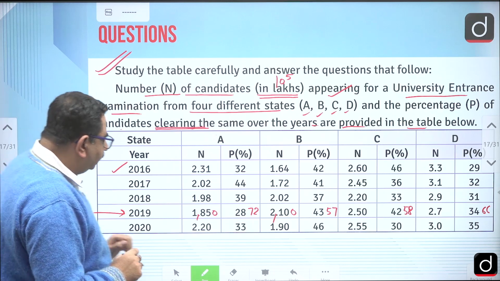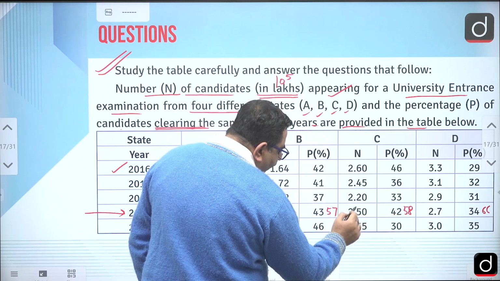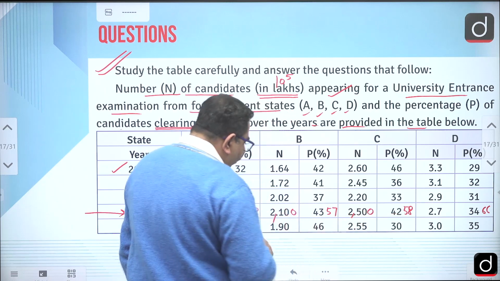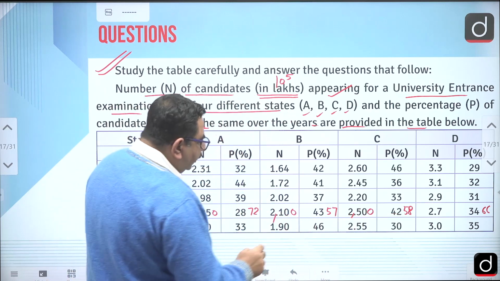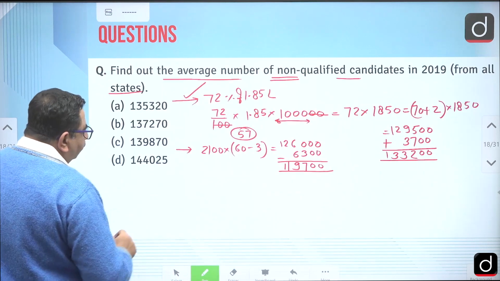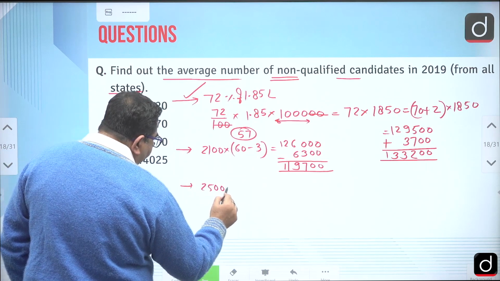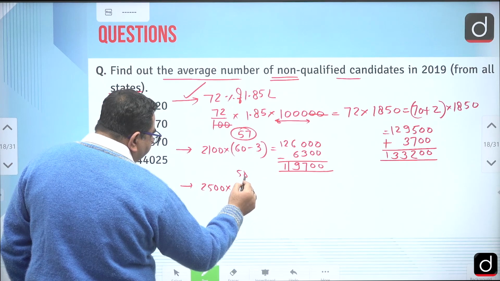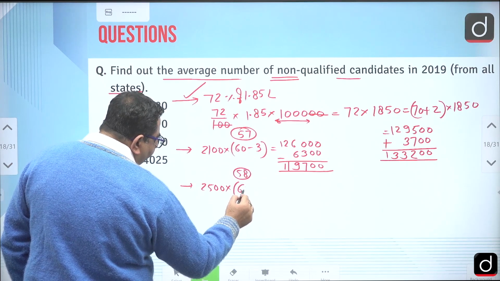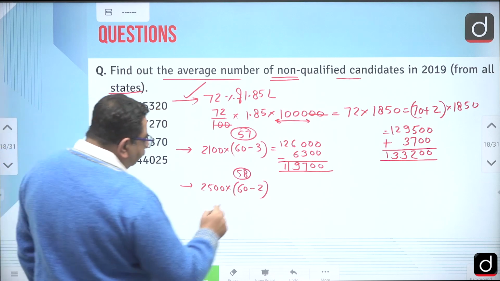The next is 58% of 2 point something. If you remove the decimal, one more 0 I can add: 2500 into 58. Just see how easy it is. For 58 again, can I write 60 minus 2 for ease of calculation?